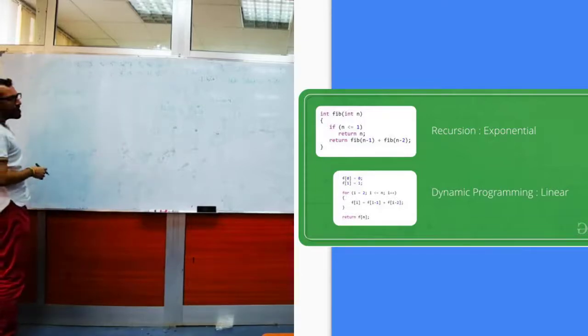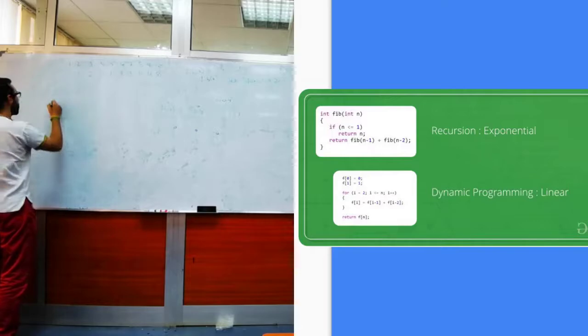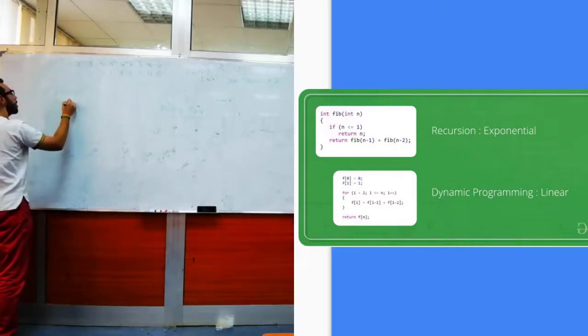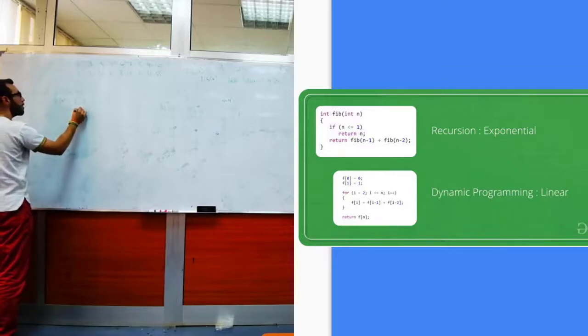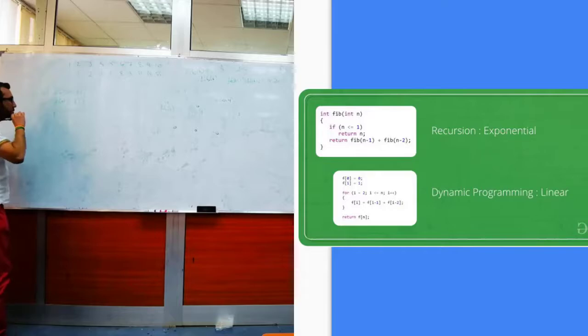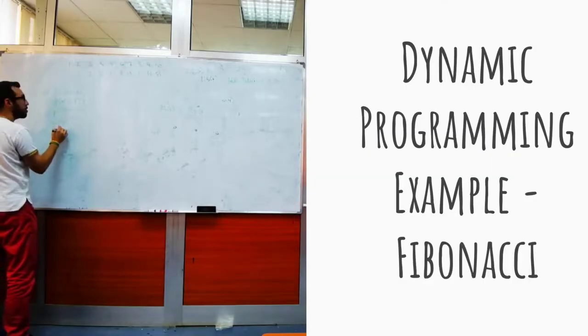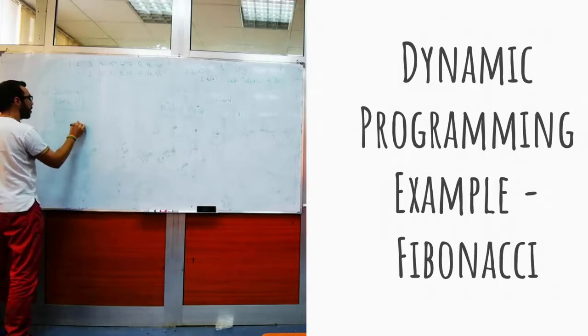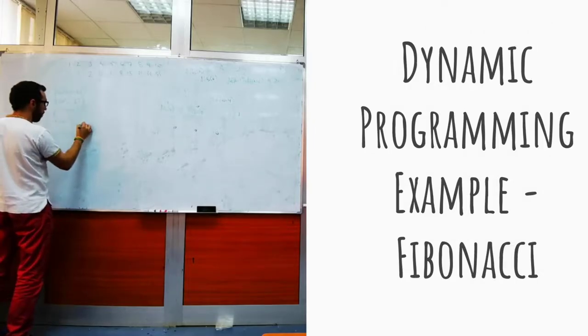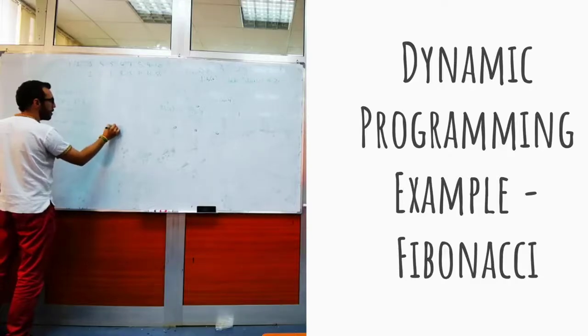Our base case is if n is less than 3, we are going to return 1. And if this is not the case, we are going to return fib n minus 1 plus fib n minus 2.